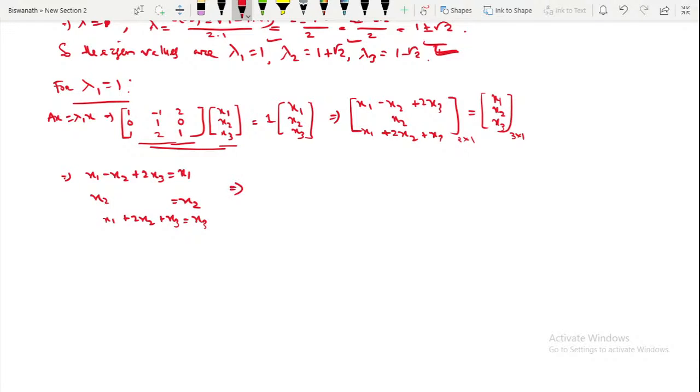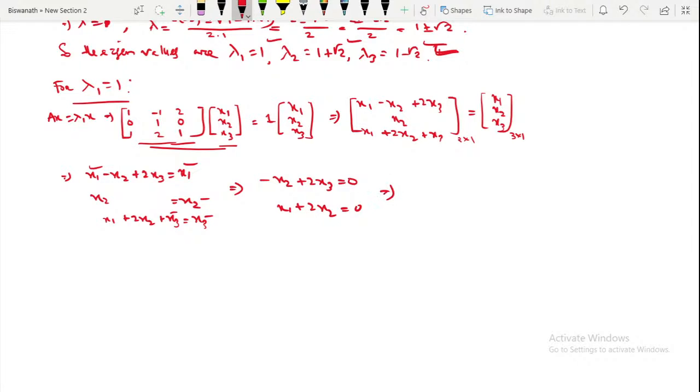So we will find x1, x2, x3 here. Here is x1, here is x1, so we can cancel it. So we write only minus x2 plus 2x3 equal to 0, and here x2 equal to x2, it has no meaning. And here x3 and x3, we can cancel the x3. So this will be x1 plus 2x2 equal to 0.